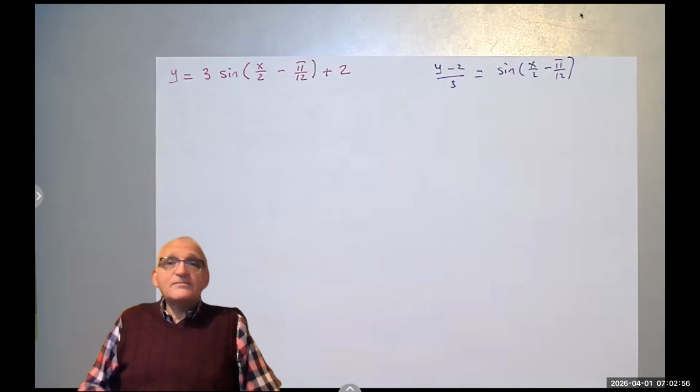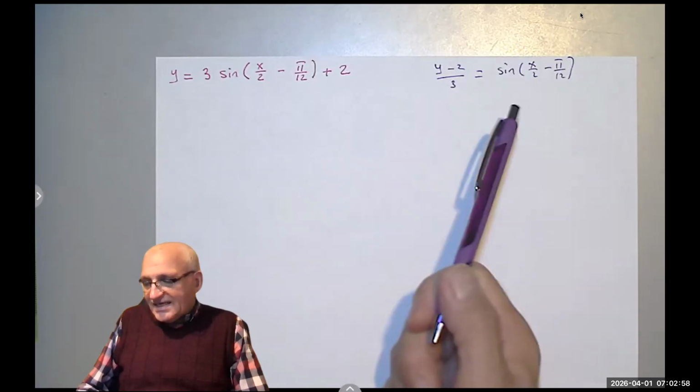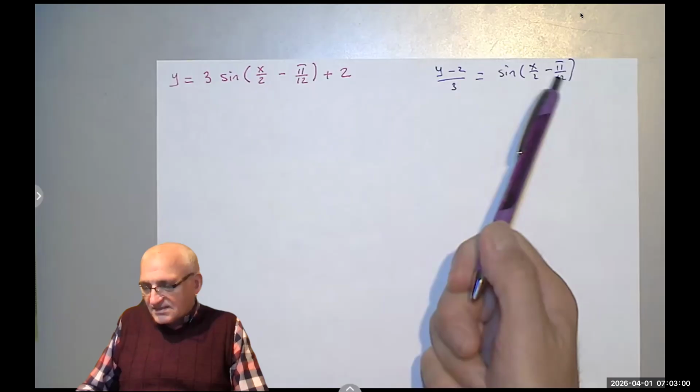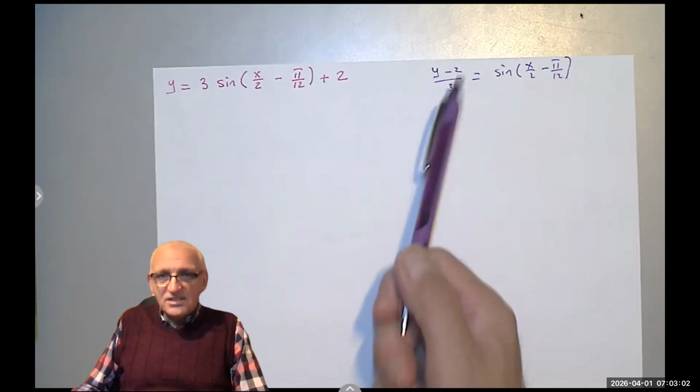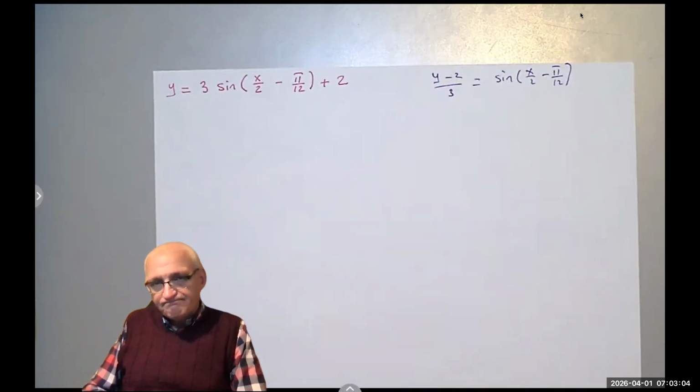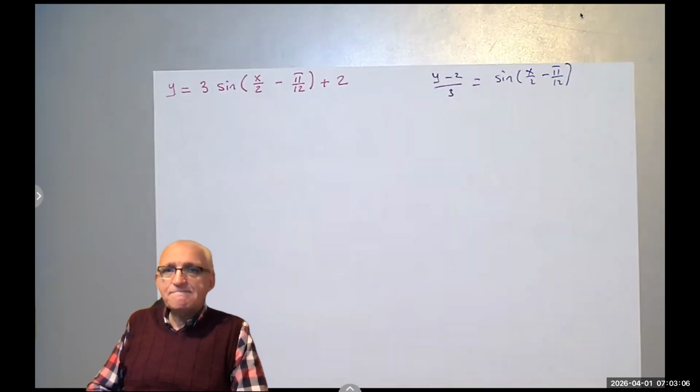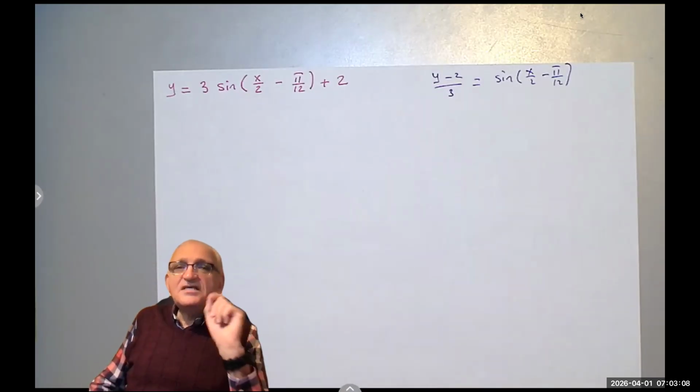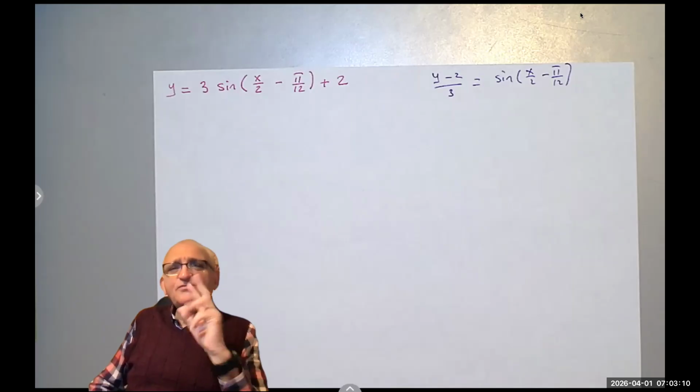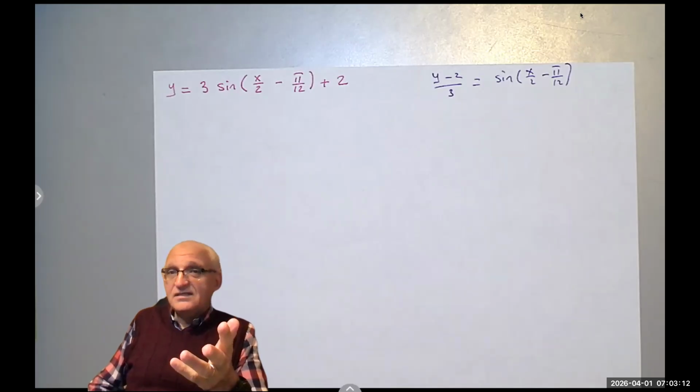And then I'm going to ask myself, how do I get from here to x, and how do I get from here to y? Think about it. I see people doing two different things, and that's fine.